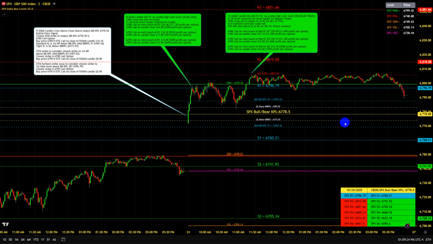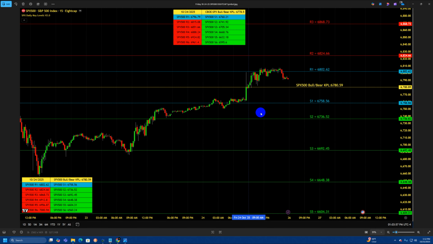The other symbol that this indicator works on is the SPX 500 symbol, which we'll take a look at now. Here is Friday's session with the SPX 500 symbol. You would type in SPX 500 on TradingView and look for the SPX 500 symbol under the OANDA exchange.